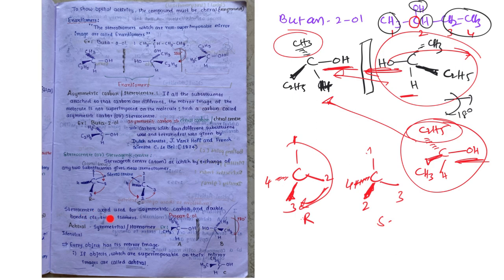The word stereocenter is used for an asymmetric carbon and also for double-bonded cis-trans isomers, which I already explained previously. So keep in mind that cis and trans isomers are also stereocenters. Take carbon double bond carbon, with hydrogen and methyl on each carbon. Fixing the double bond and exchanging methyl and hydrogen, we get the trans form from the cis form.